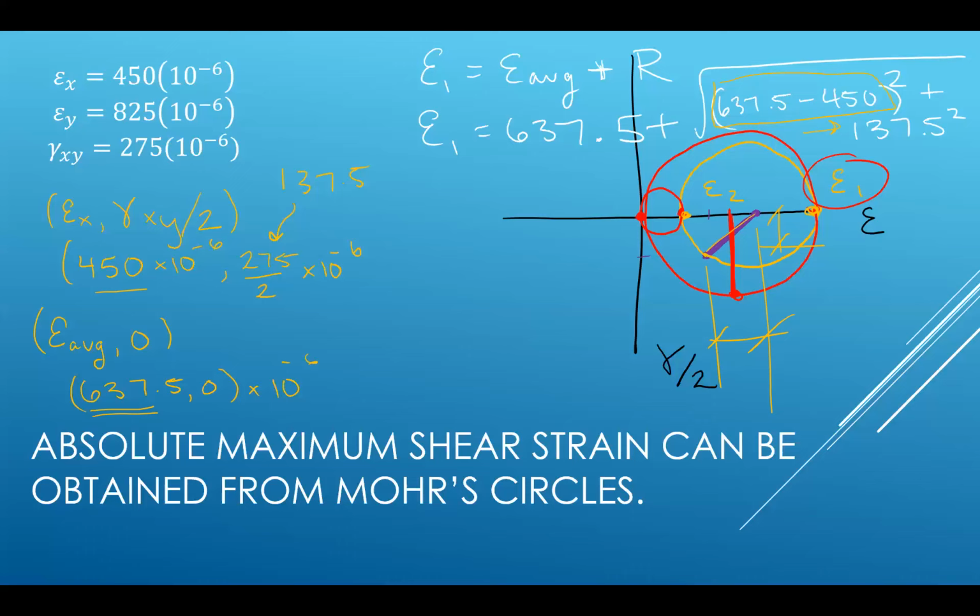Okay, so from that, we are going to obtain that strain 1 is equal to 870 times 10 to the negative 6.